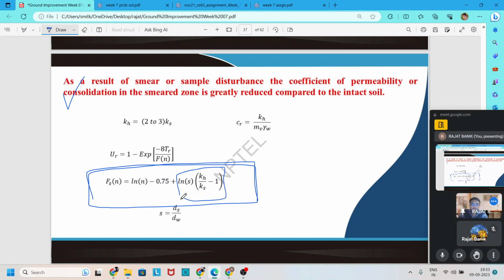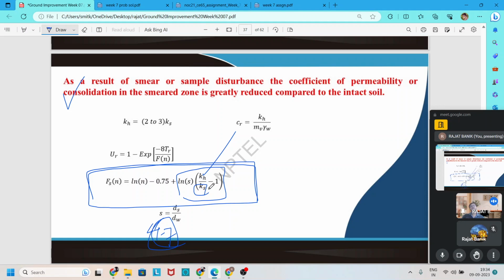The F(n) is changed, and some extra term is used, which is ln(s) into (kh/ks minus 1), where s is the ratio of the diameter of the smearing zone to the diameter of the vertical drain, and this range is between 4 to 7. kh is the coefficient of permeability in the horizontal direction when there is no smearing effect, and ks is the coefficient of permeability when there is smearing.